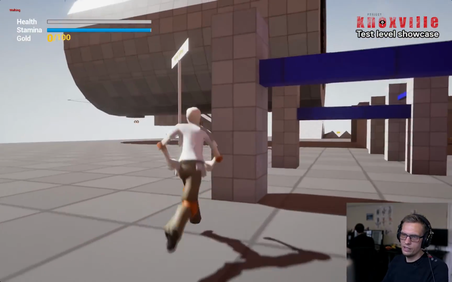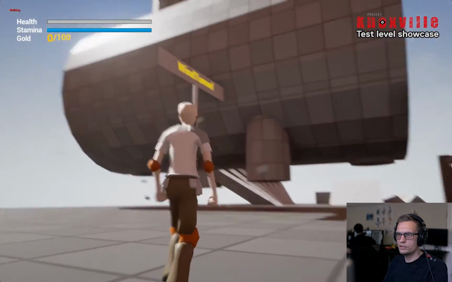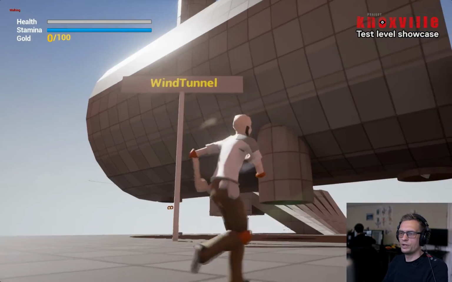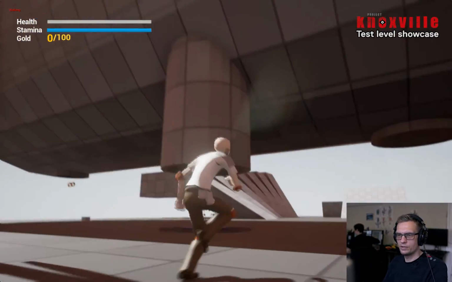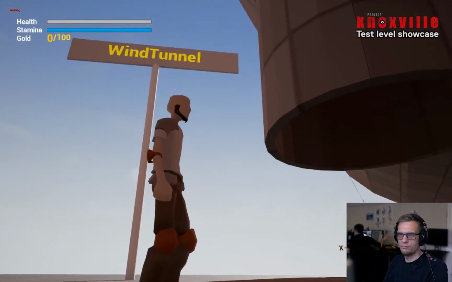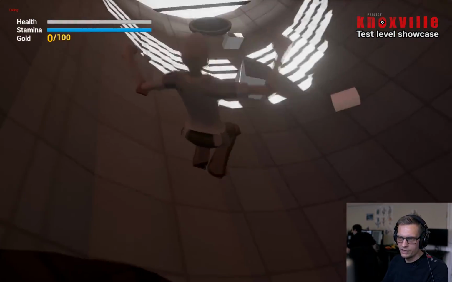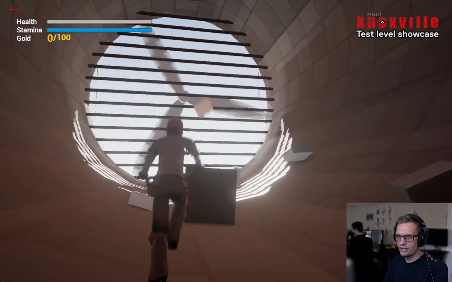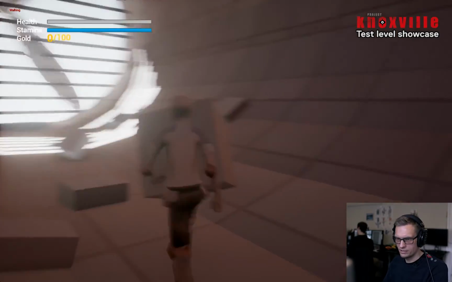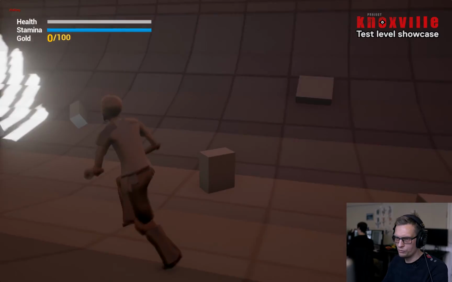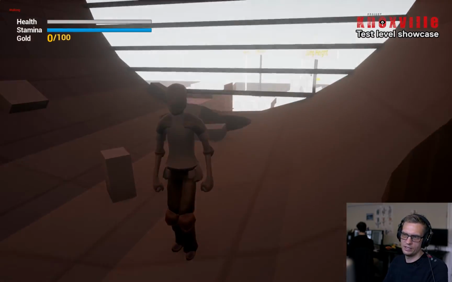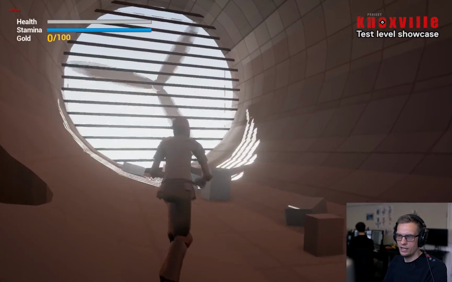The last thing I will show you is a wind tunnel I did that is playing with putting forces on the player character, and I'm getting into this wind tunnel now. You can see if I stand still, I move backwards, and you should imagine that it was wind or something like that.